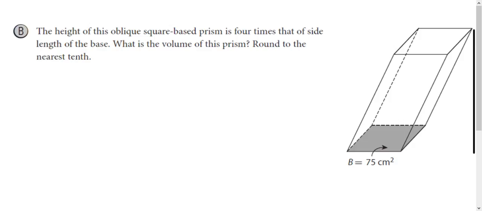Here's another similar question. The height is 4 times the side length. And we're told the base is a square. It's a square base. So if it's a square, the area of a square is just side squared.